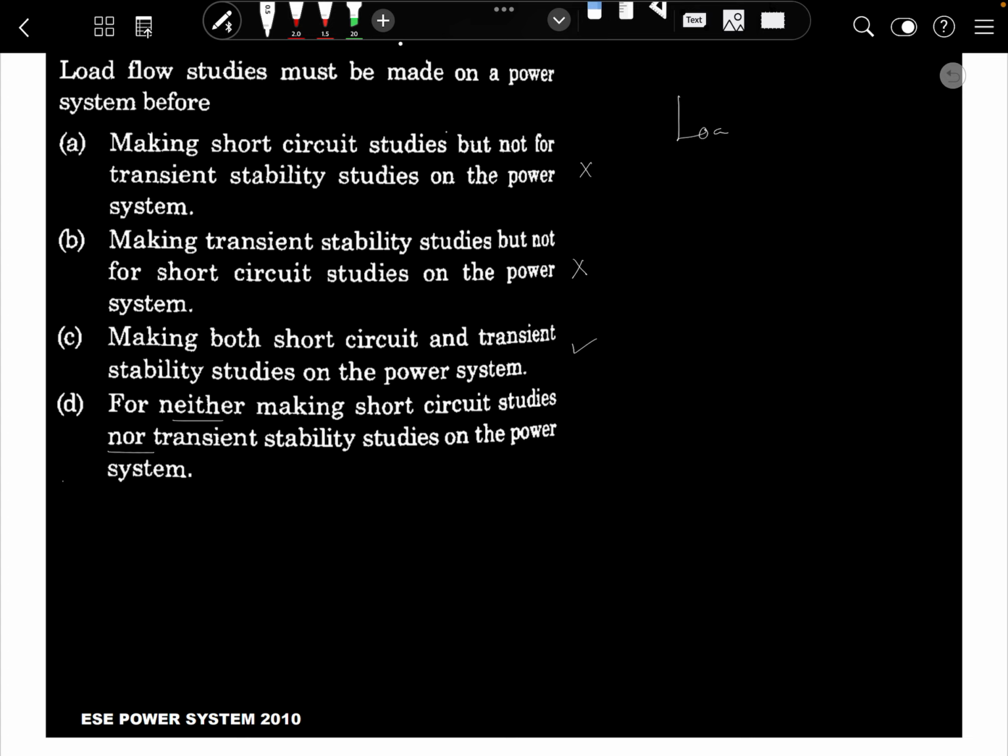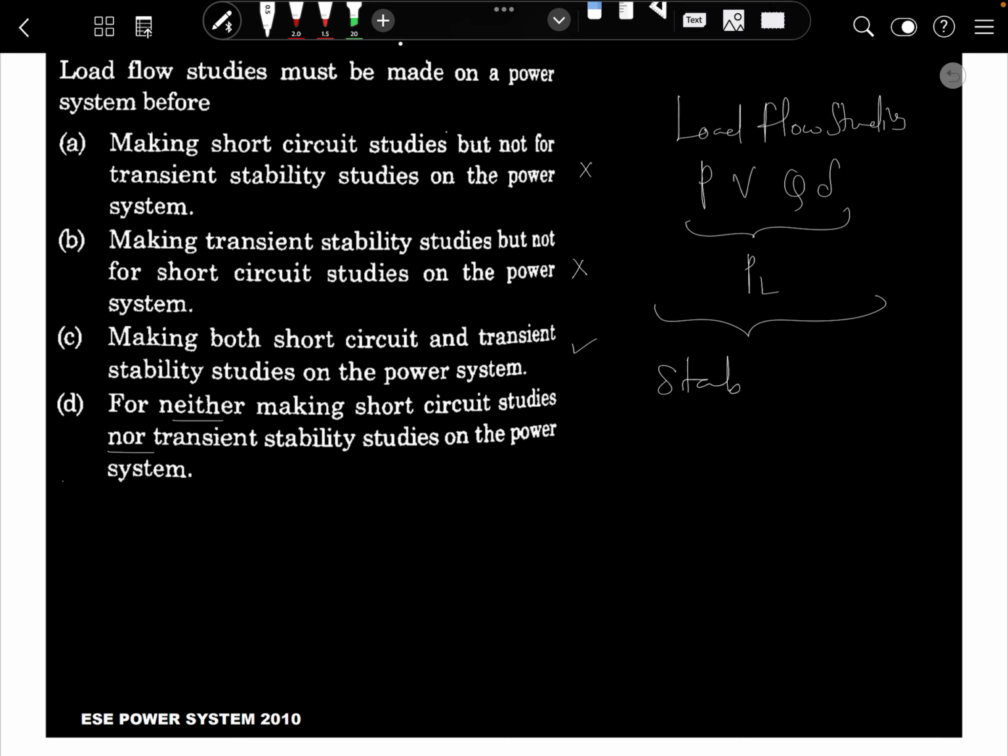So first we do the load flow study, V, P, Q, delta, this gives you the losses, and then from this we go with the stability studies, and in the stability studies we mainly do the transient and short circuit study.